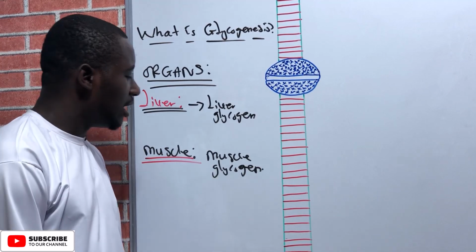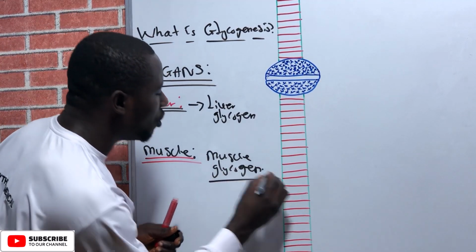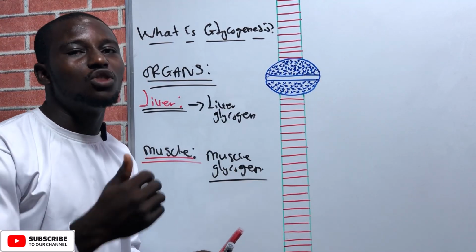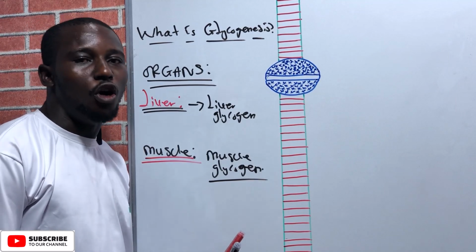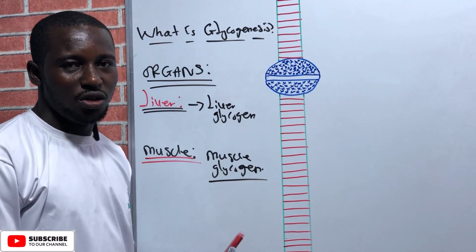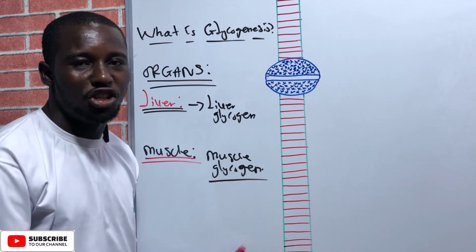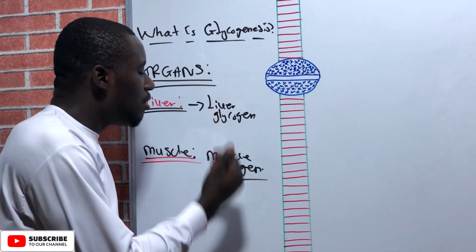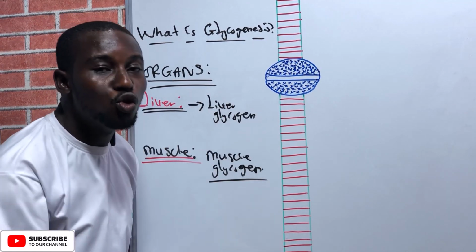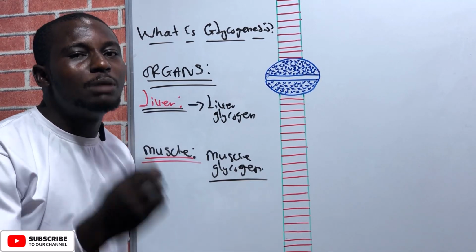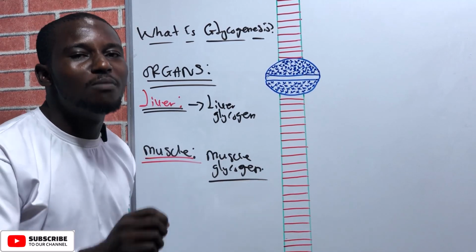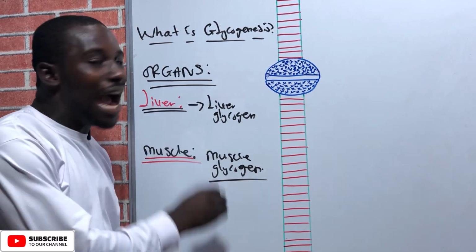But in the case of muscle glycogen, the muscle glycogen is not used for energy production in tissue respiration during starvation state. The muscle glycogen is used as a fuel reserve for ATP production during muscular contraction. Why?